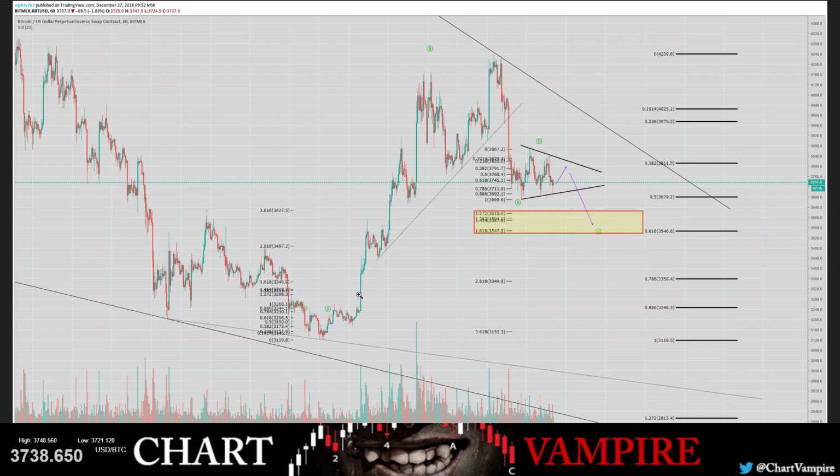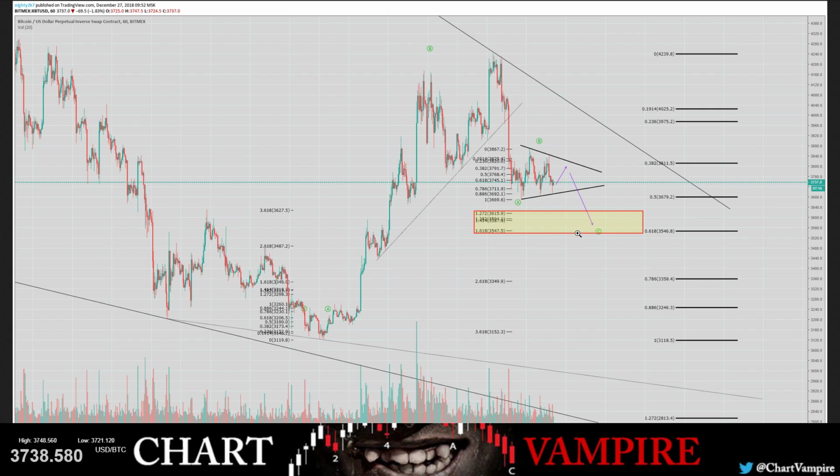Got it? So this would be A, the A to here, then B to here, then this B would be your C. I know it's crazy. I agree. We just got to have that option. A, B, C to the top, and that would complete your ABC retrace. Then this would be your new impulse wave down.